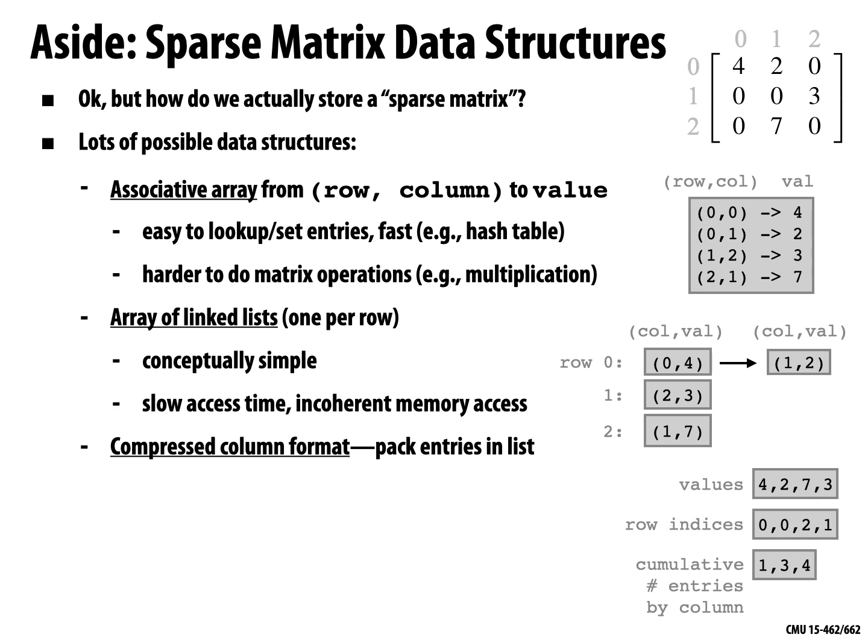The final array, this is the confusing one, tells us the cumulative number of non-zero entries per column. In the first column we had 1 non-zero entry. In the second column we had 2 non-zero entries, so 2 plus 1 is 3. And in the third column we had 1 non-zero entry, so 1 plus 2 plus 1 is 4.